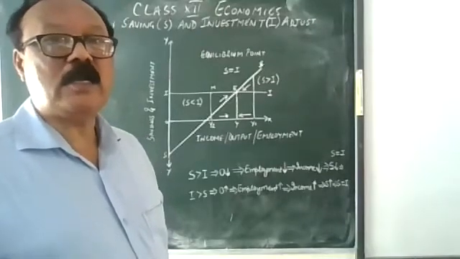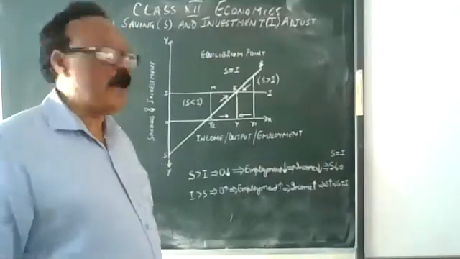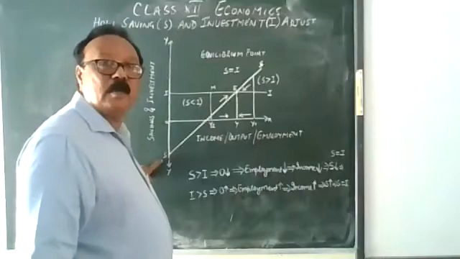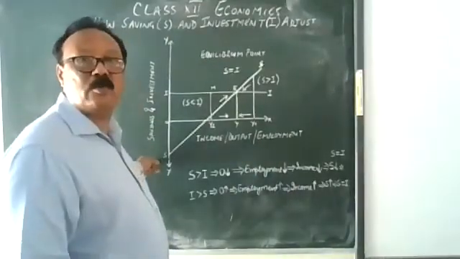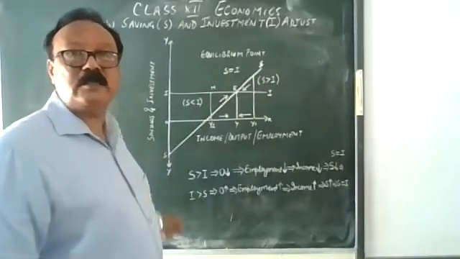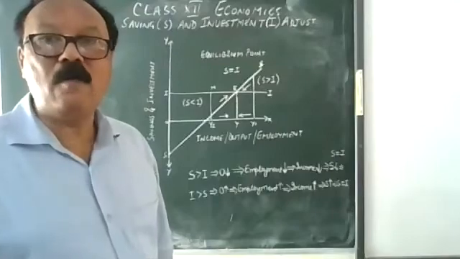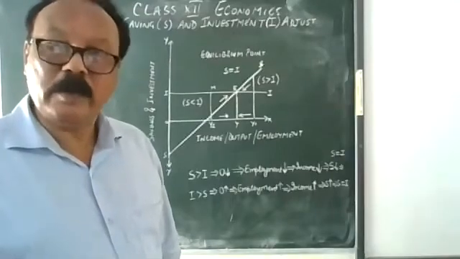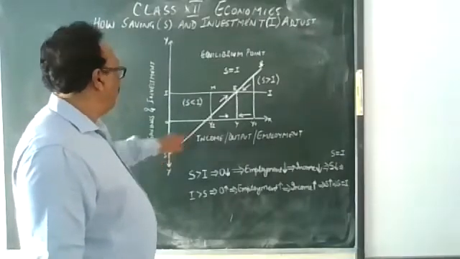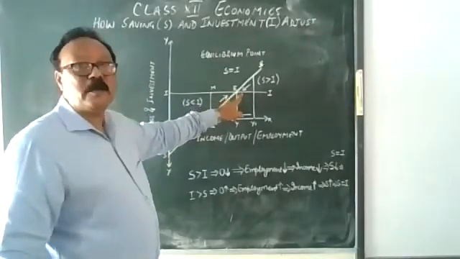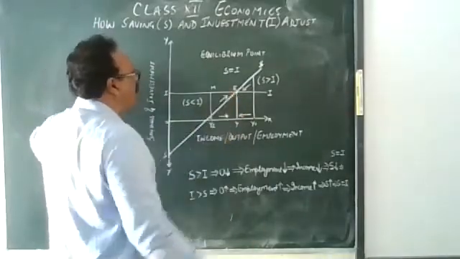No. He will still consume. But how would he consume? He would take out either from his savings or from borrowings. So taking out from the savings goes into negative. That is the reason why savings is below the point of origin. So this starts from a negative and it cuts the investment curve at this point E.